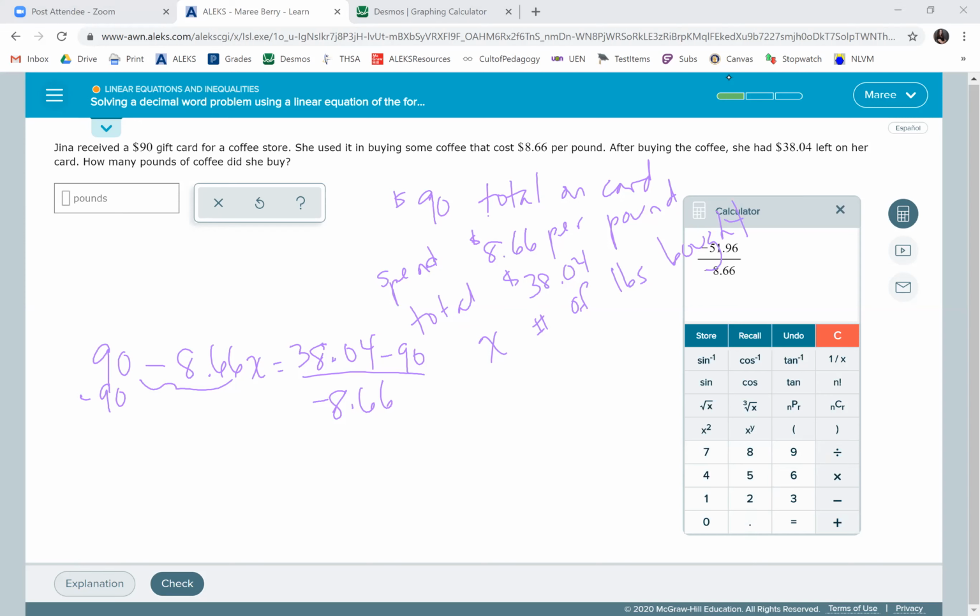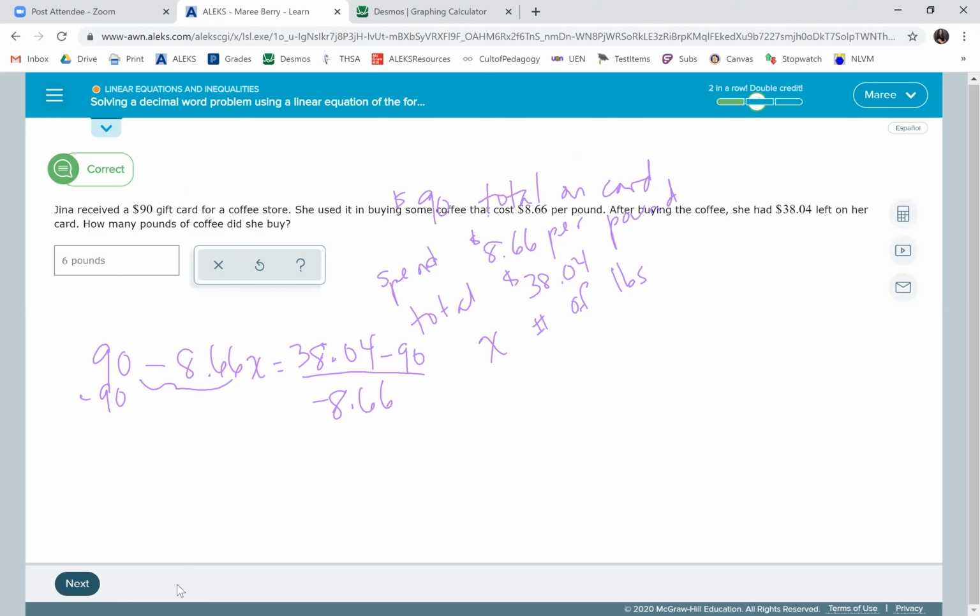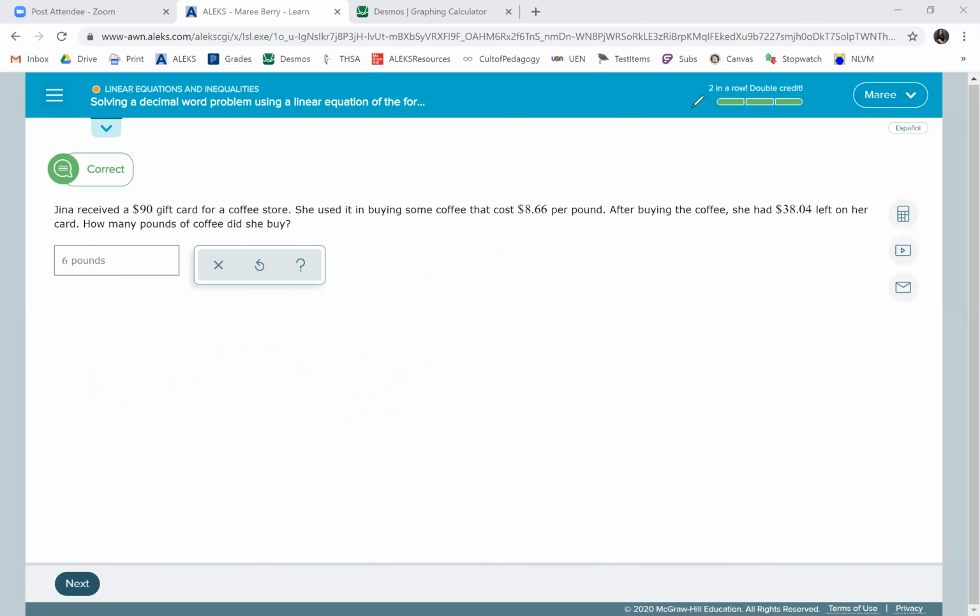Let me erase some of these words that are in my way. There we go. When I subtracted, I got a negative number divided by another negative. This should give me a positive 6. So she purchased 6 pounds. Make sure I type that correctly. There we go. Okay, and that's the end of the lesson.